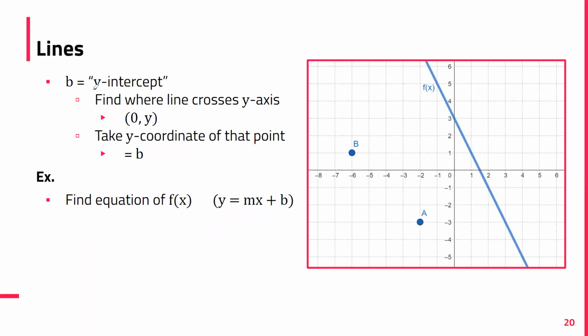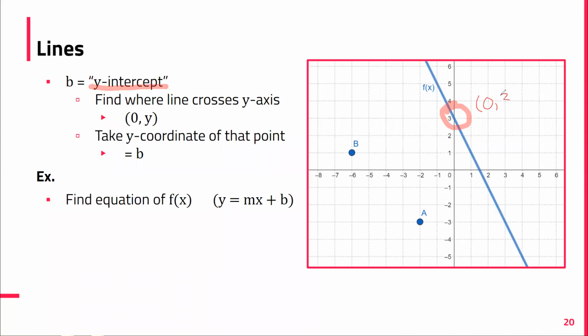The concept of intercept, again, is just where our line is crossing the y-axis. So that's right here. What are the coordinates of this point? It's 0, 3. By definition, if it's a y-intercept, if it's a point on the y-axis, then the x value will always be 0. So if it's not 0, then it's not a y-intercept.